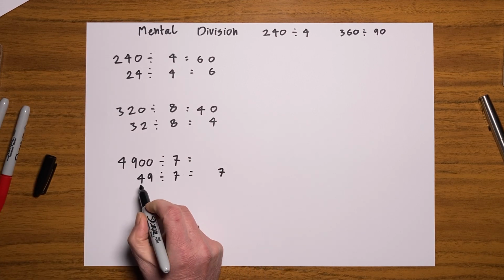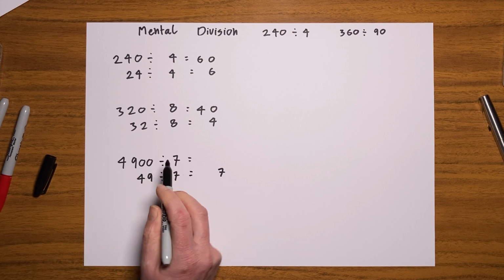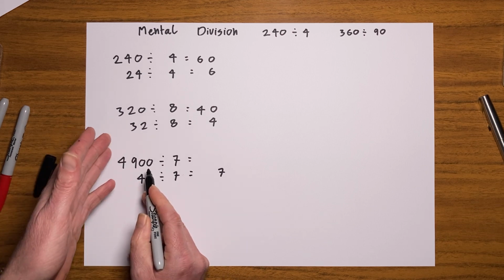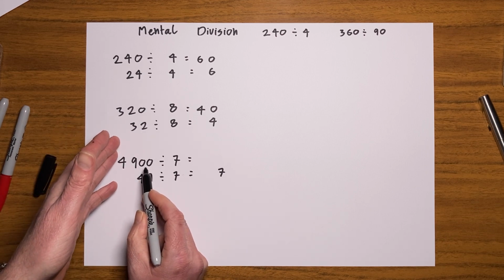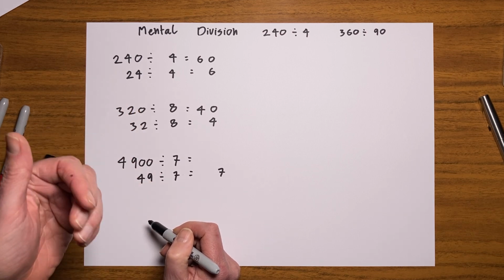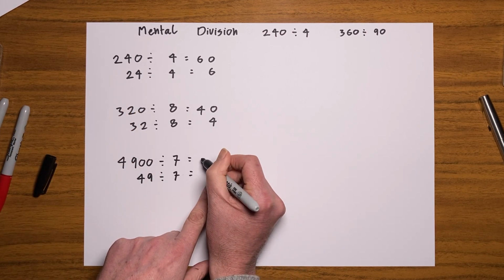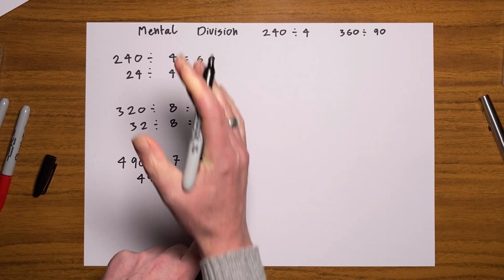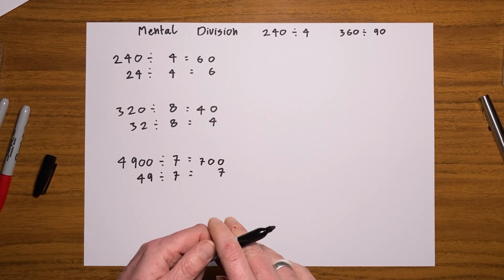But 4,900 is 100 times bigger, because the digits are 2 places over. So if the number I'm starting with is 100 times bigger, and I'm sharing it with 7 people, they're all going to get 100 times as much. 100 times bigger than 7 is 700.